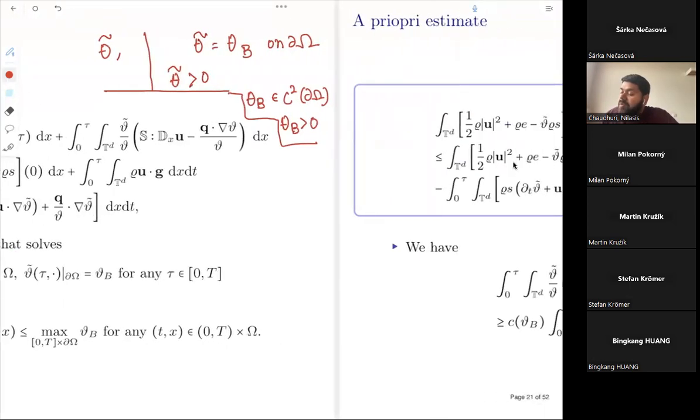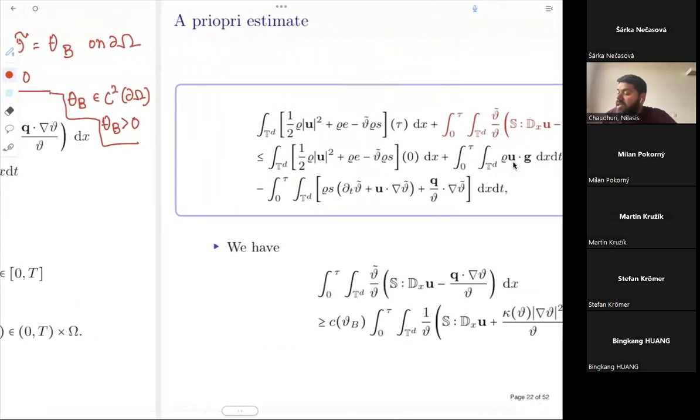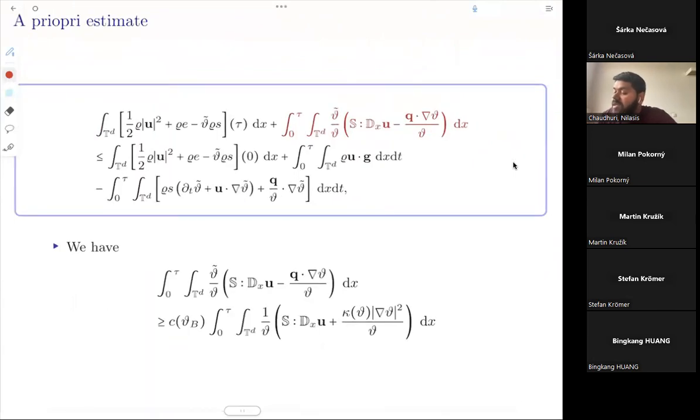And so with the help of this, the first thing we get, we consider this term. You see that this term is on the right-hand side. And for this particular theta tilde extension, we notice that this quantity is greater than a constant C_B, and eventually greater than the following quantity, which is good.